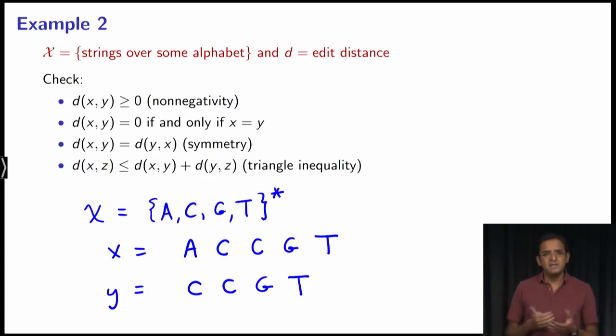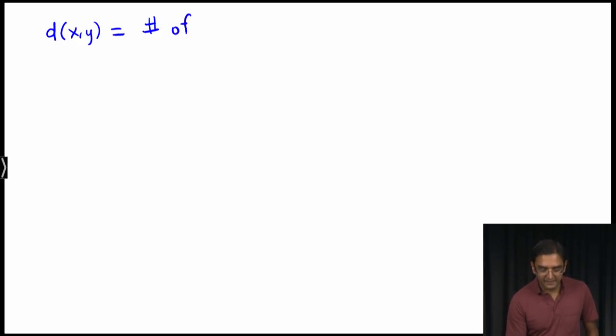So this kind of distance function that takes into account insertions, deletions, and also substitutions is called edit distance. Okay? And it turns out that it's a metric. Okay, so let's just define it. The edit distance between two strings, x and y, is the number of insertions, deletions, and substitutions needed to get from x to y.